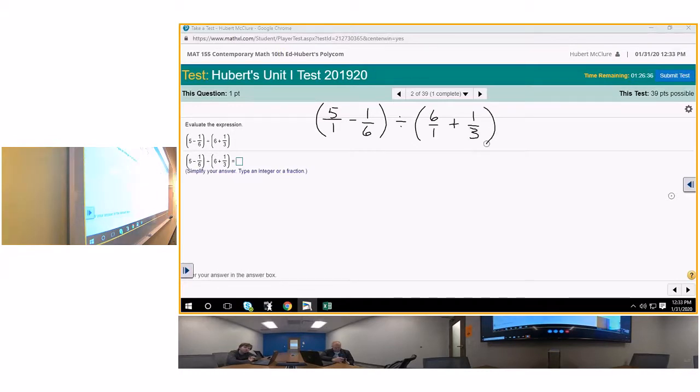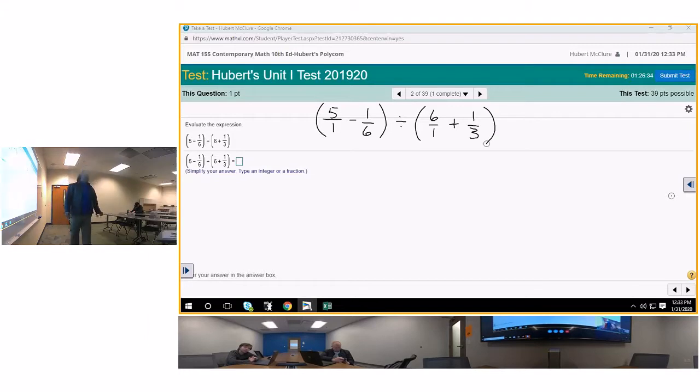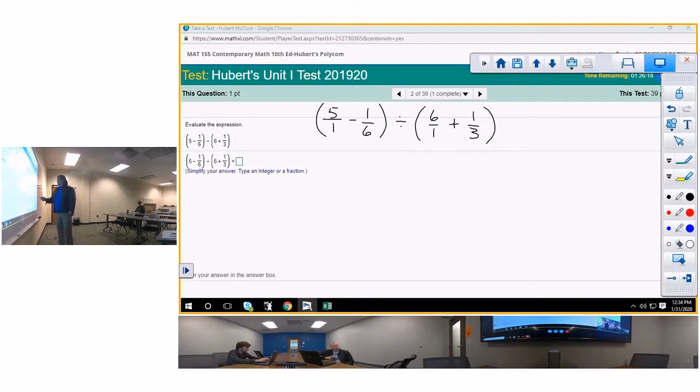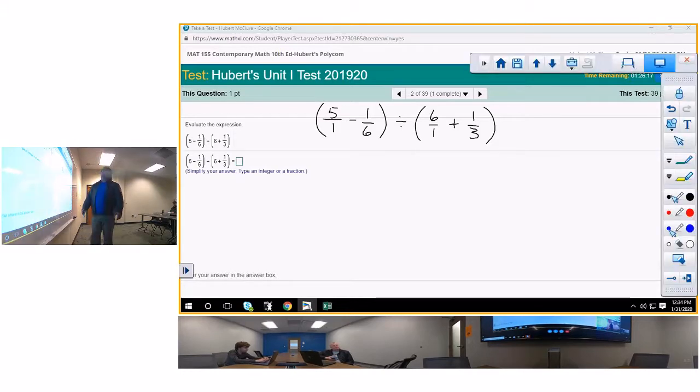Now I wrote everything as a fraction because I'm going to get a common denominator all the way across. Do you have to find a common denominator all the way across? No. You can do a common denominator of 6 for the first one and a common denominator of 3 for the second one. But I'm not going to do that. I'm going to get a common denominator of 6 all the way across.